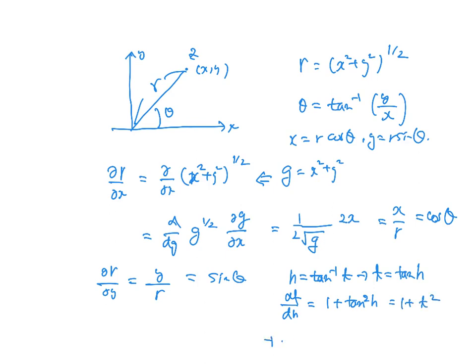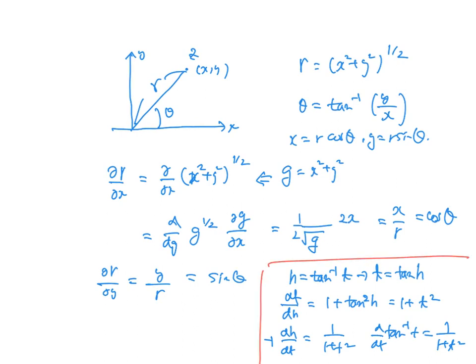So dh over dt is 1 over 1 plus t squared, right? So the derivative of tangent inverse t is 1 over 1 plus t squared. It's convenient if you know this relationship.